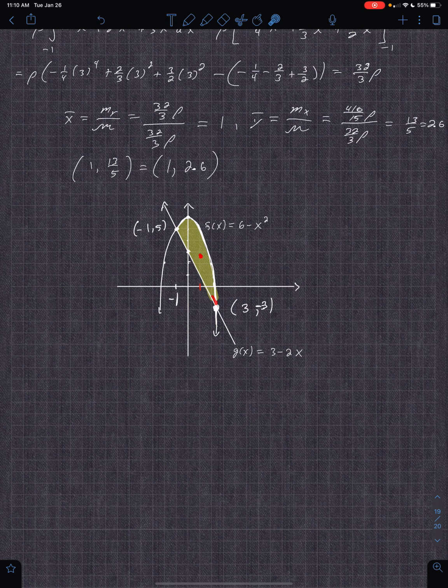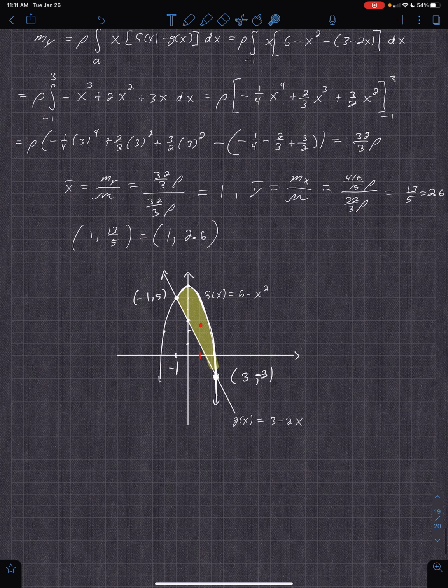I would think it'd be maybe right here, but my graph's not perfect. So I think this actually goes down farther, so then you get more stuff down here. So that's roughly correct. Like if you got it way up here, you know it's wrong, right? That can't be the center of mass up here, unless you had varying density. Then it's hard to tell. But since the density is the same, and if this was like a metal plate, that's essentially where you'd be able to balance it right there. That's the concept.